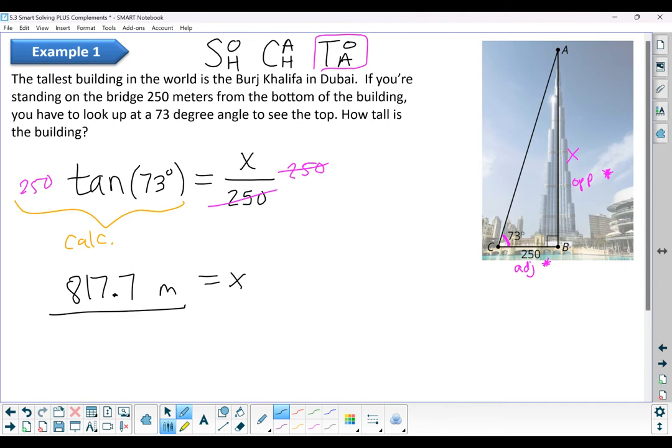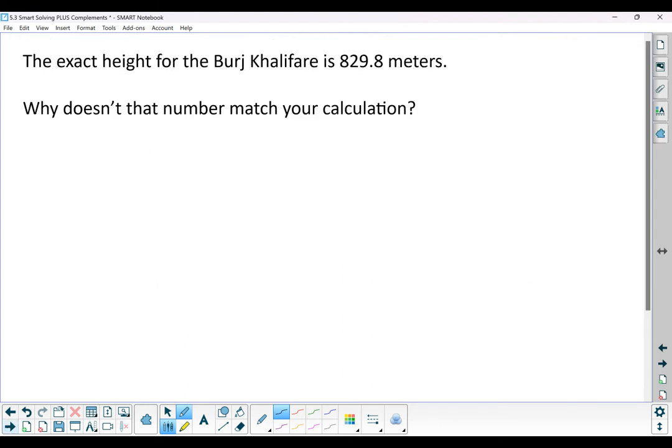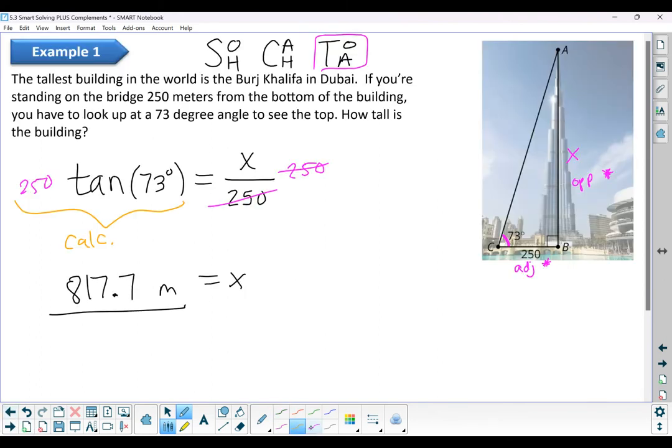Very, very tall building. Just for some perspective, a meter is about the same length as a yard. So we're talking about like 8 football fields tall. So it's very, very tall. The actual true height of this building is 829.8 meters. Something to realize when you're doing calculations like this is that the level of precision that you use with your measurement can affect your answer.